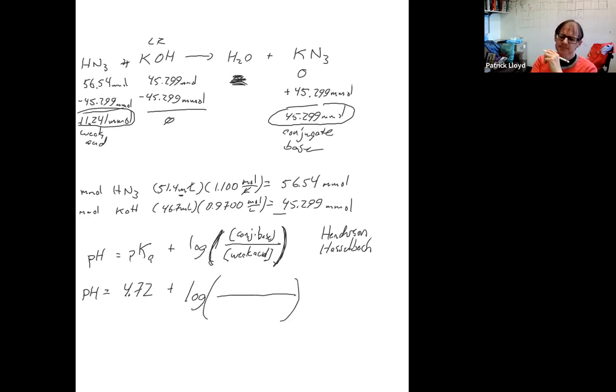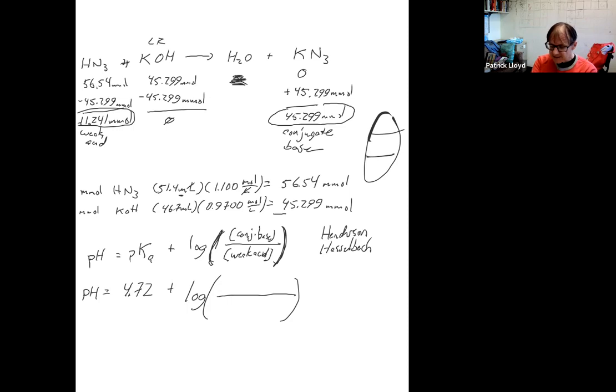But remember, concentration is moles over liters, or it could be millimoles over milliliters, right? The millis will cancel. In the numerator, we take the millimoles of the conjugate base, the KN3, and divide that by the total volume, because it's in this mixture now. You've mixed everything together. So you find that concentration by dividing by the total volume.